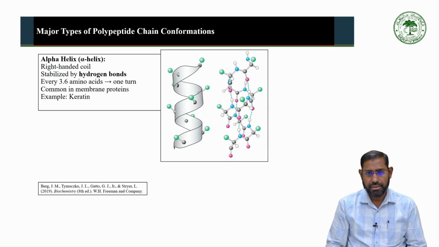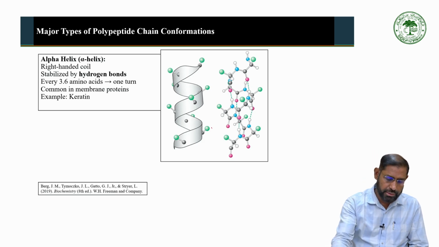Alpha helix is one type of polypeptide chain conformation. It is a right-handed coil, stabilized by hydrogen bonding, and every 3.6 amino acids make one turn.